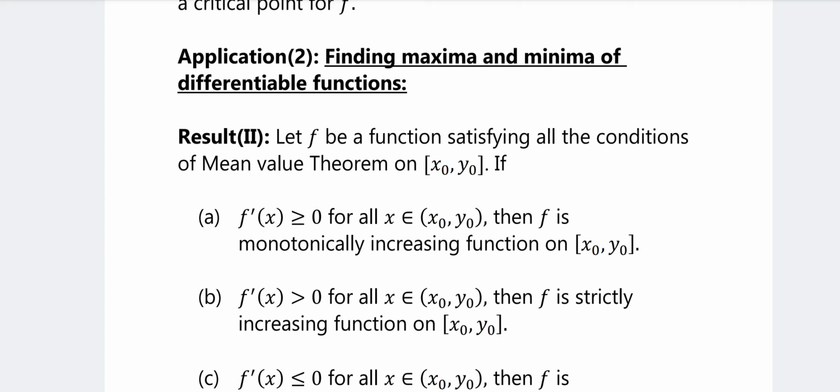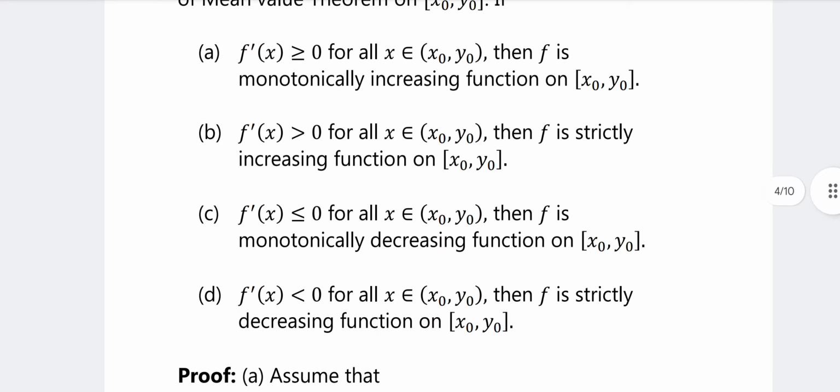We have four results which will help to find maxima and minima. First, if the derivative of the function on the open interval (x naught, y naught) is non-negative, then f is monotonically increasing on the closed interval [x naught, y naught].